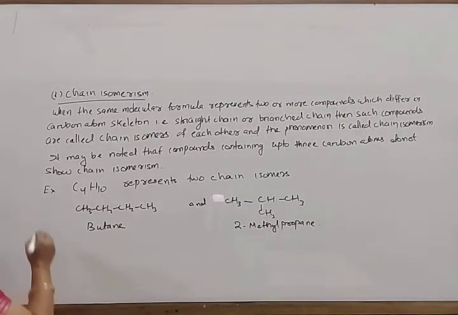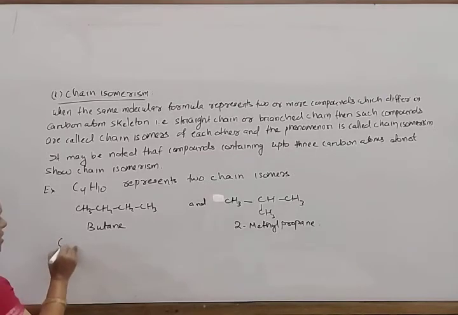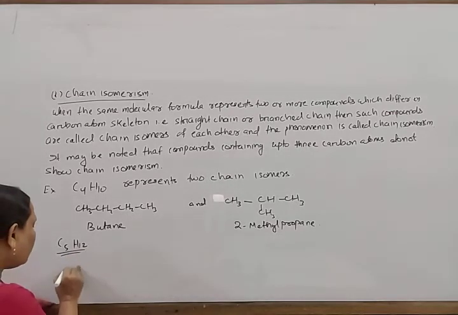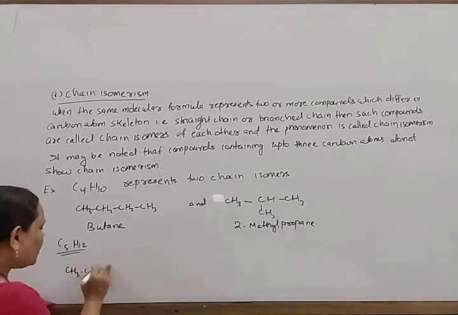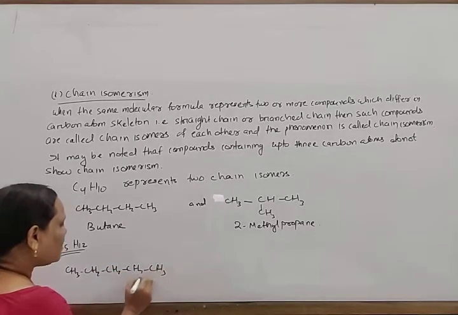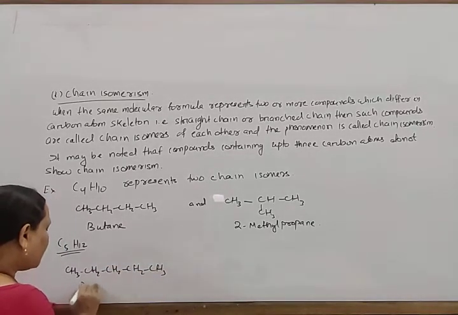Similarly, C5H12 also represents different chain isomers. The different chain isomers having formula C5H12 are, look here, one is CH3, CH2, CH2, CH2, CH3, that is pentane.